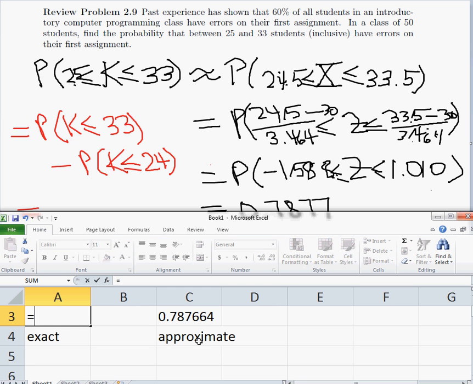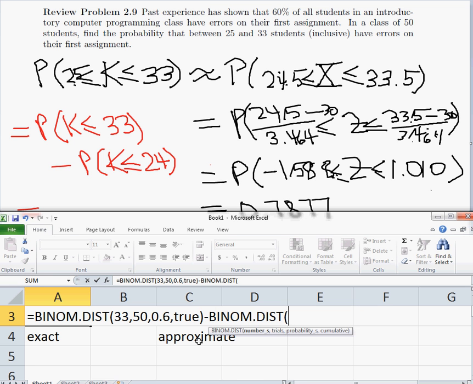The exact answer can be obtained by doing BINOM.DIST 33, 50, 0.6, true minus BINOM.DIST 24, 50, 0.6, true. That's the chance of 33 successes or less if you do something 50 times with probability 0.6, minus the chance of 24 successes or less with the same numbers, 50 and 0.6.